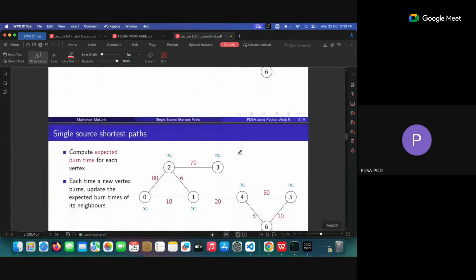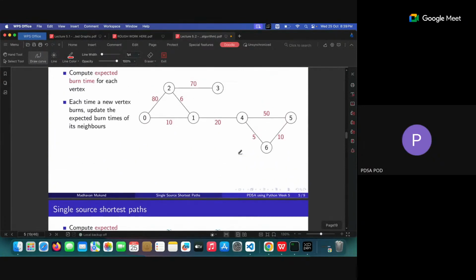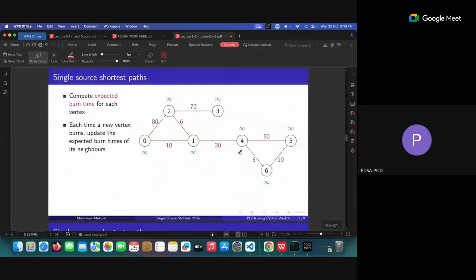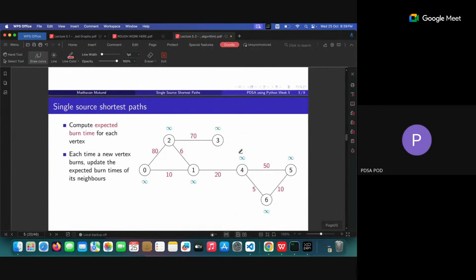yeah, again they are showing. So how it is really happening, please look here. There is one particular approach used. They are using infinite. So initially some value should be there. Expected burn time is required before you start any kind of vertex burning.